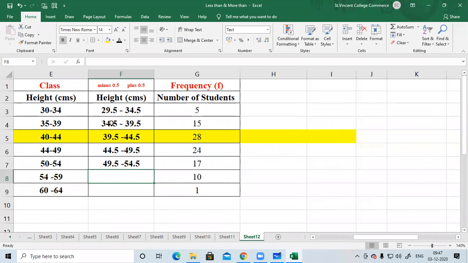Again, right hand side we have 54.5, we take it to the left hand side, and the right hand side is 59.5, we add 0.5. Again, from the right, 59.5 comes to the left, the right remains 64, add 0.5. So this is a way of doing it, and those who are good at it can convert only one class.